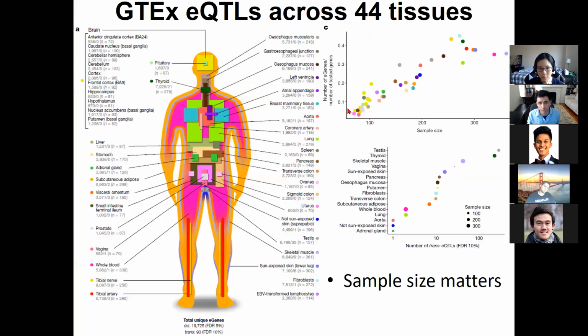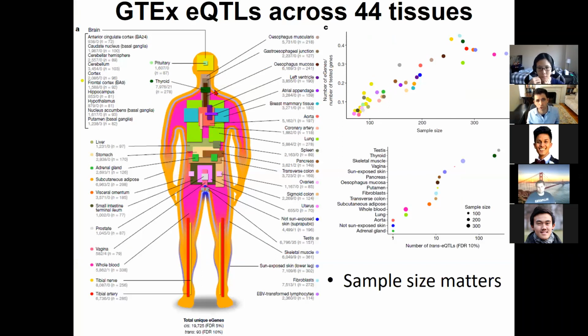And then GTEx, the Genotype-Tissue Expression project, has looked a lot at the reproducibility of eQTLs across different tissues and how consistent they are. What we're finding is that sample size is a great factor influencing the number of eGenes, and as you increase the sample size, you're just discovering more and more genes.